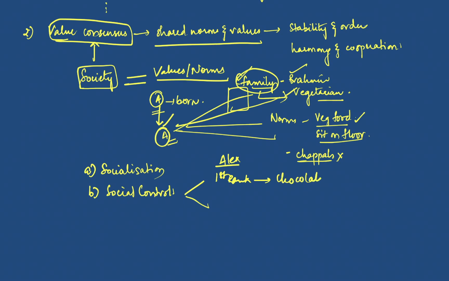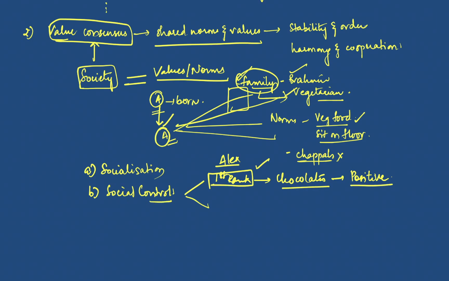So this is a form of positive social control. By doing this positive social control, what is your family teaching you? Your family is teaching you that every time you get a first rank, every time you study well, you'll be getting chocolates, right? So this is a positive social control.